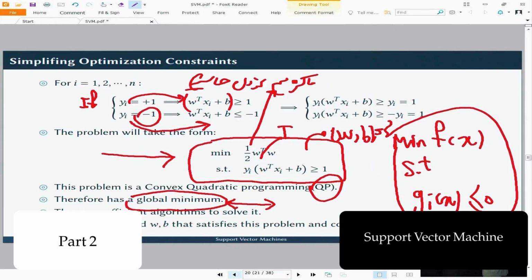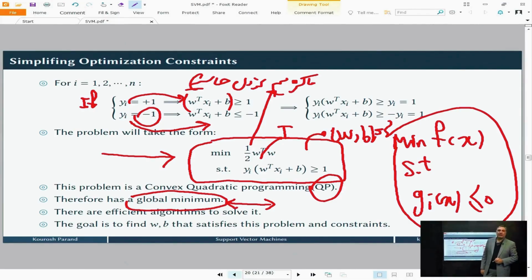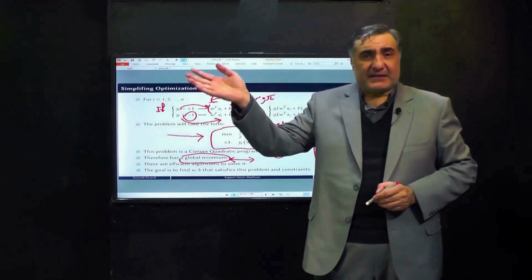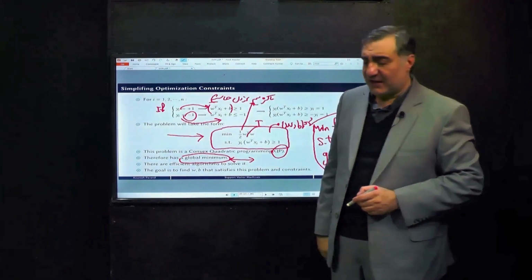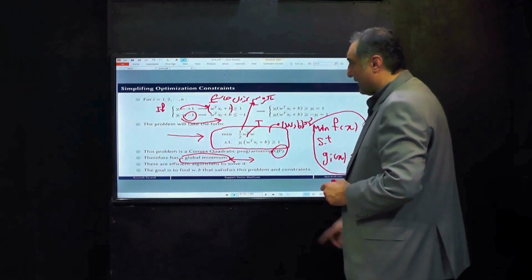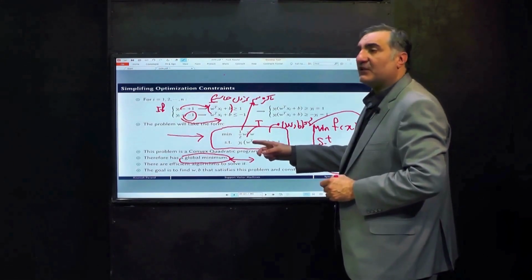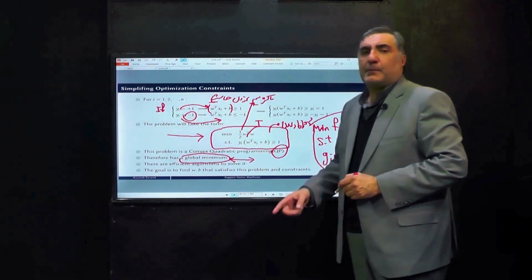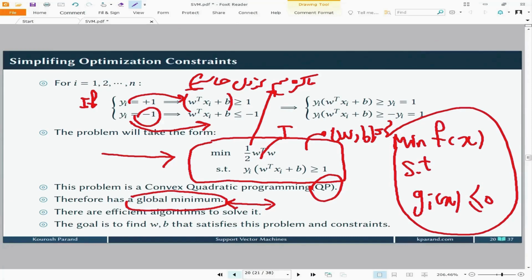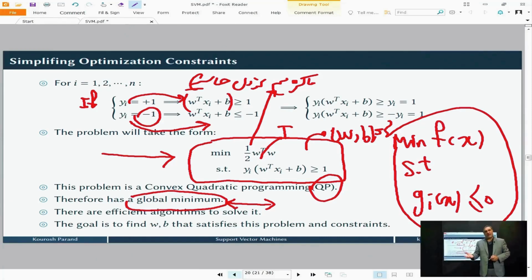We want to solve this problem. How do we solve it? One of the classic methods, which was previously explained to you in the mathematical background, is to use Lagrange multipliers. And this is the Lagrangian method.